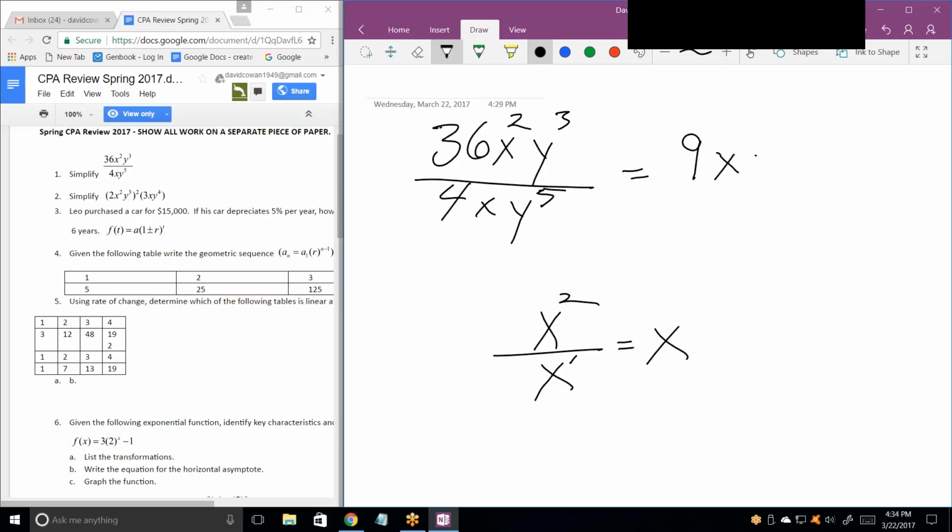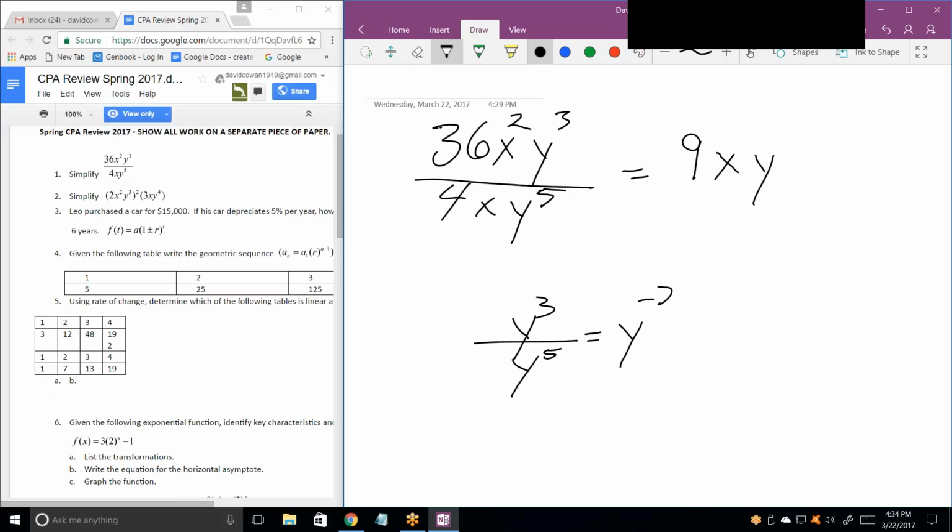And finally, the y. What is y to the third divided by y to the fifth? What's this? Is that y squared? It's y to the minus 2. Right? You see why? 3 minus 5? Yeah. Okay.